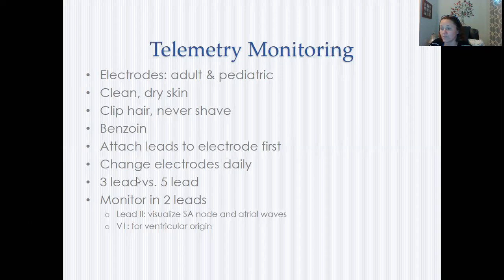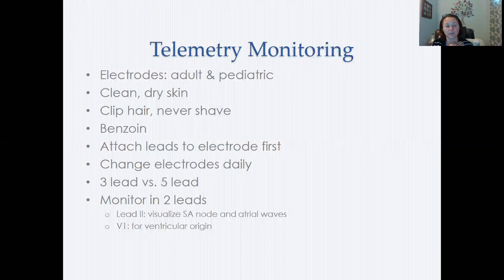And typically we attach the leads to the electrodes first. So the leads are the wires that will connect to the electrodes. So we've got the wires, and we'll go ahead and click those on to the stickers that we're going to attach, because sometimes they're kind of hard to do.